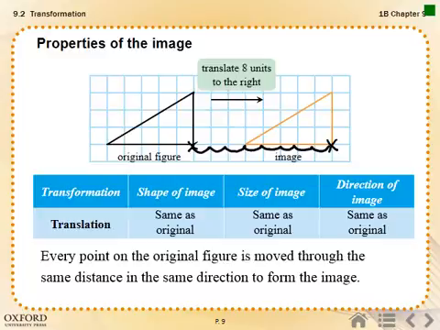Moreover, for this point, x units: 1, 2, 3, 4, 5, 6, 7, and 8. The original point is here, and then the new image point is here. And finally, for this point, 1, 2, 3, 4, 5, 6, 7, and 8. Originally the point is here, and finally the image point is here.